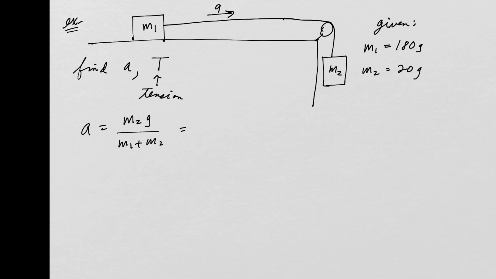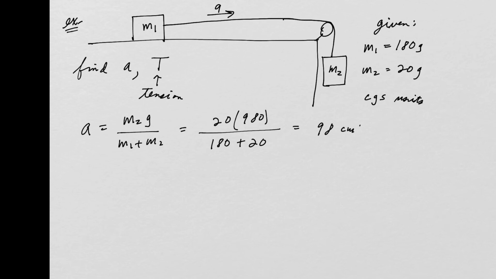Because we're in CGS units, g is going to be 980. So I plug in m2 is 20, times 980, and then divide by 180 plus 20. Make sure you do that correctly in your calculator, dividing by that whole sum. What you should find is this equals 98 centimeters per second squared. So that's the acceleration of the system.